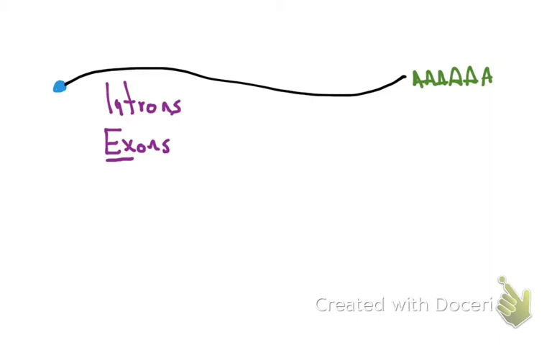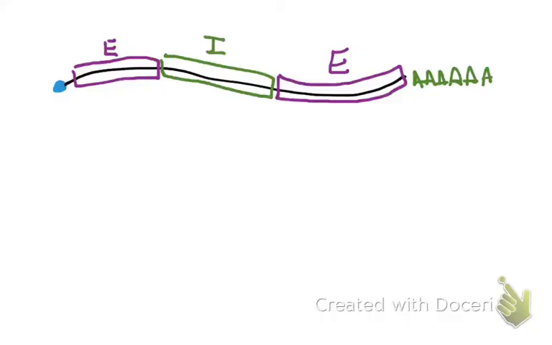So let's talk a little bit in detail about how the eukaryotic cells remove these introns and kind of paste back together these exons. What I've done here in this image is I've labeled for you exons with an E and then introns with an I. Again, the exons are the regions of the mRNA that are going to be part of the mature mRNA. The introns are these intervening sequences.